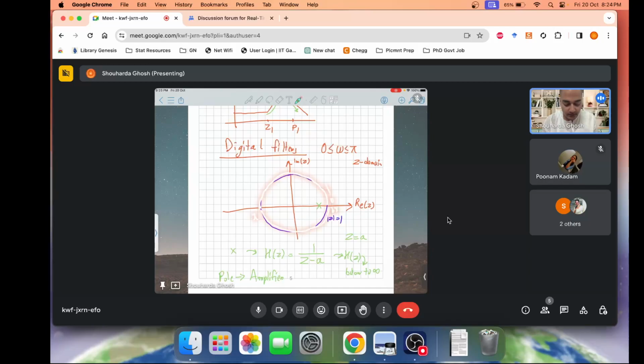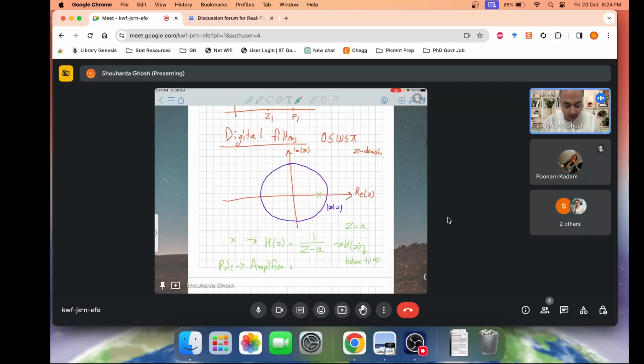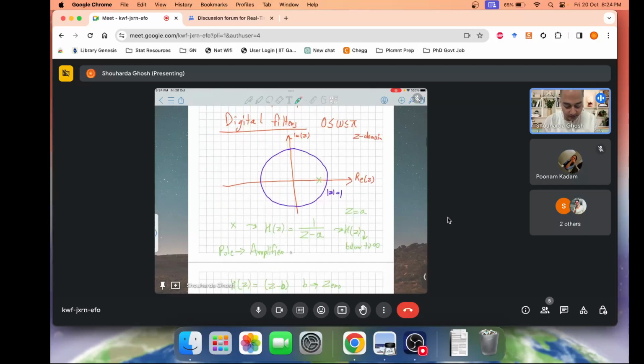So if you evaluate the magnitude response from 0 to pi, the magnitude response in the other half will be the mirror image, and the phase response will be anti-symmetric. Like this one is symmetric, but this one is the anti-symmetric phase because of X star of minus omega. So I told how to evaluate the frequency response.